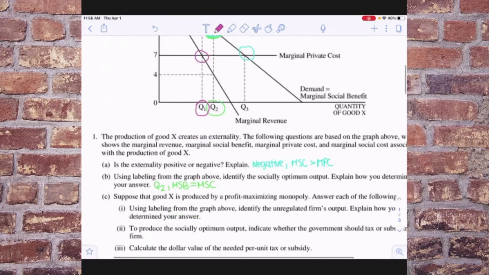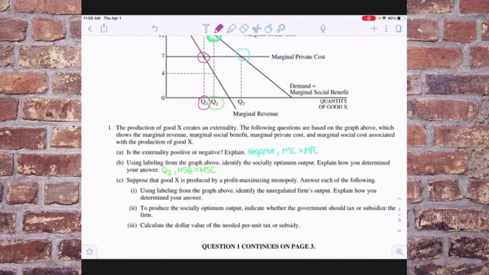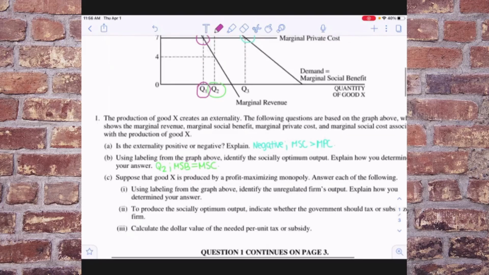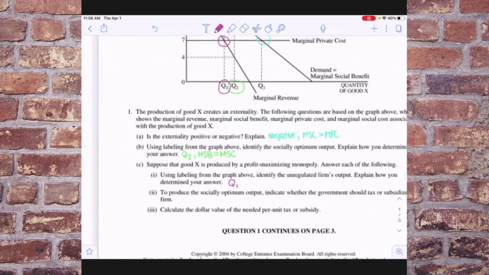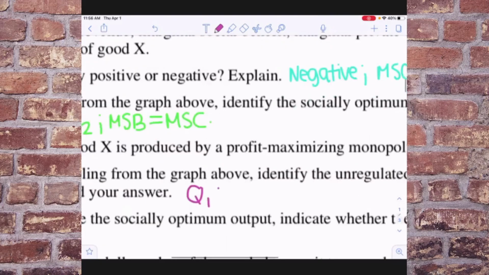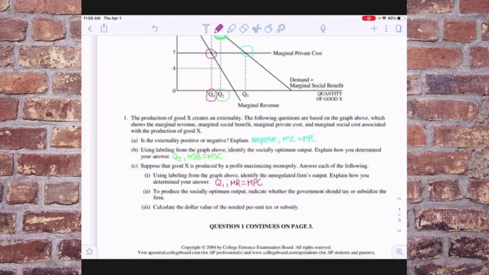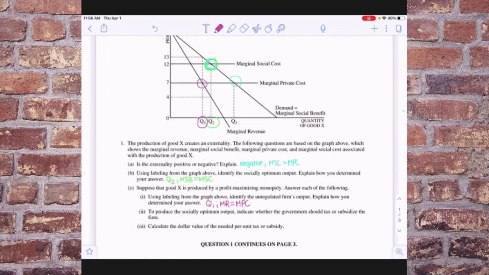Okay, so the answer to C part 1 is Q1. And it asks how did we get that? We write down marginal revenue is equal to marginal private cost. So, do we indicate whether we should tax or subsidize the monopolist?